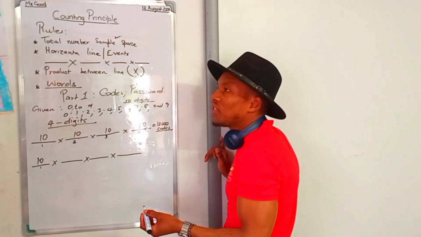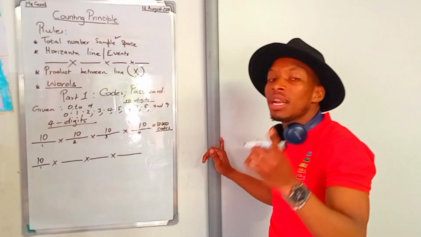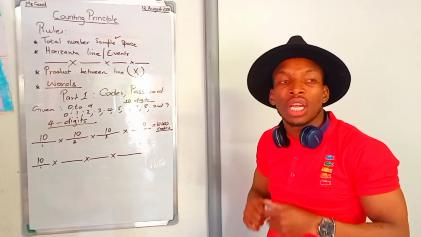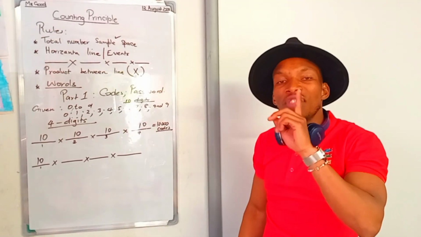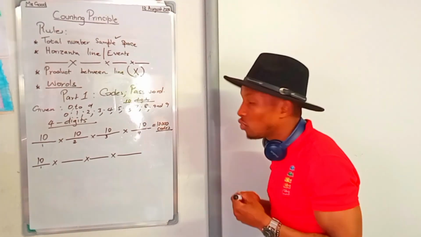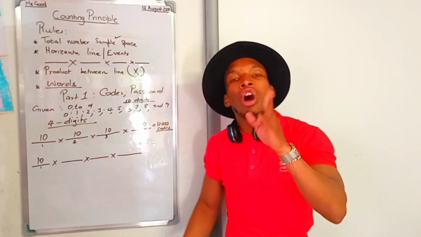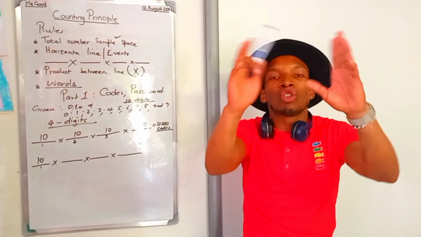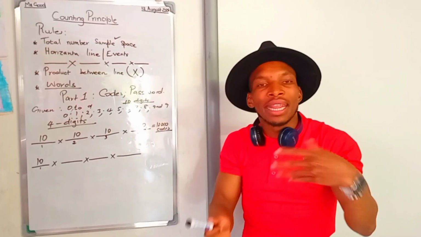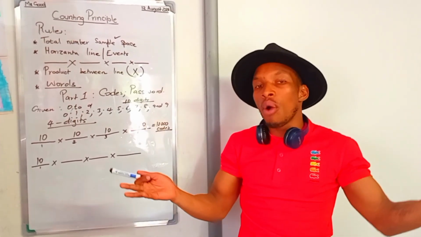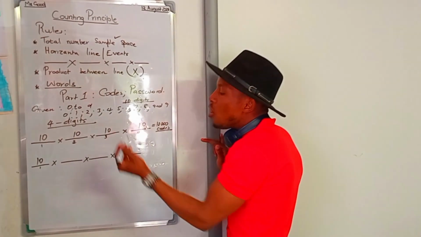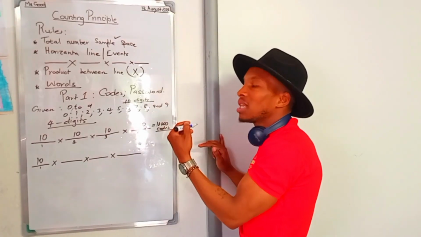Then, remember the repetition is not allowed. If the repetition is not allowed, the number that you use on the first event is no longer going back to the total sample space. That means you are throwing it away. Therefore, how many numbers are left in the sample space now?